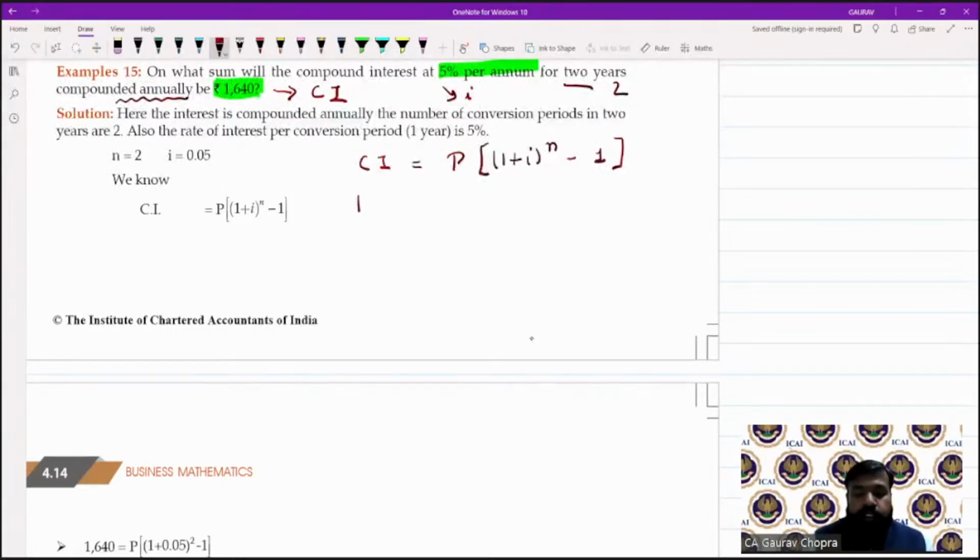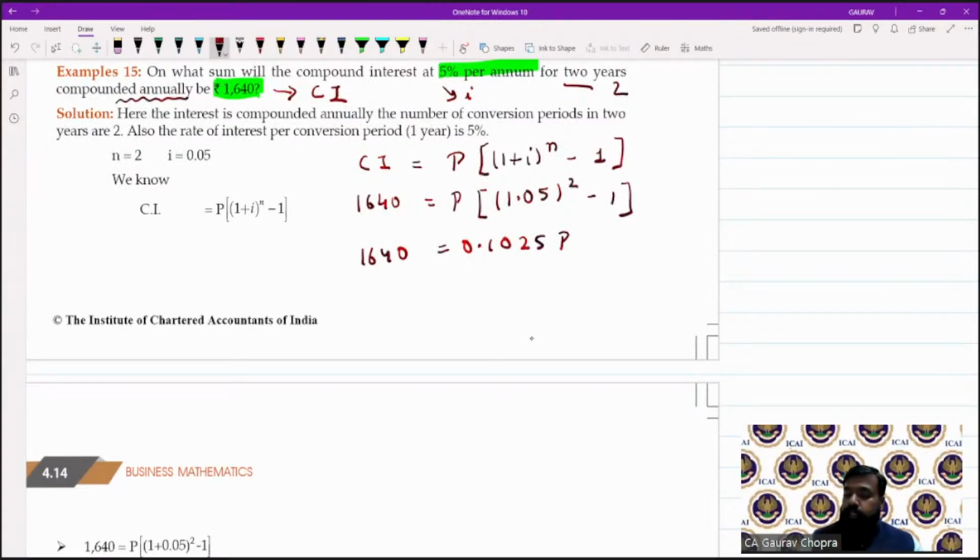So in place of CI, we can write 1640 equal to principal, which is unknown, then 1.05 to the power of 2 minus 1. So 1.05 squared minus 1, we are getting 0.1025P, and here it is 1640.